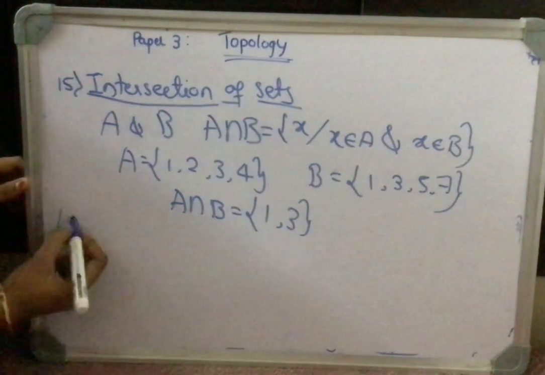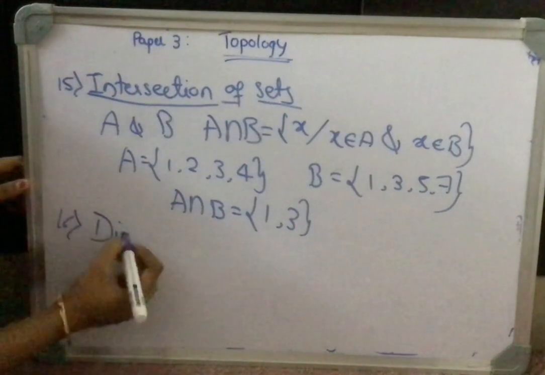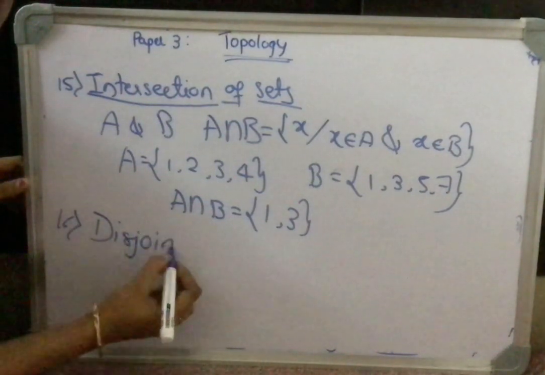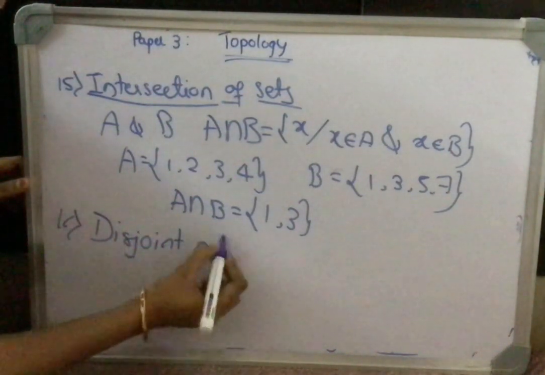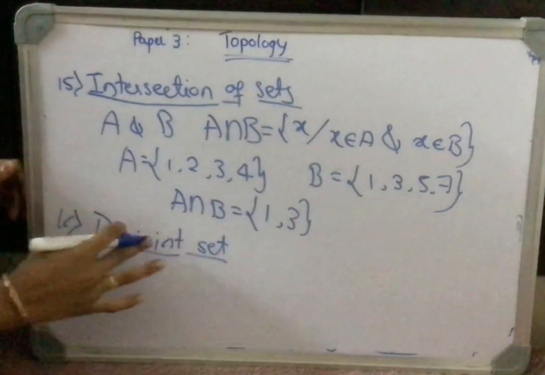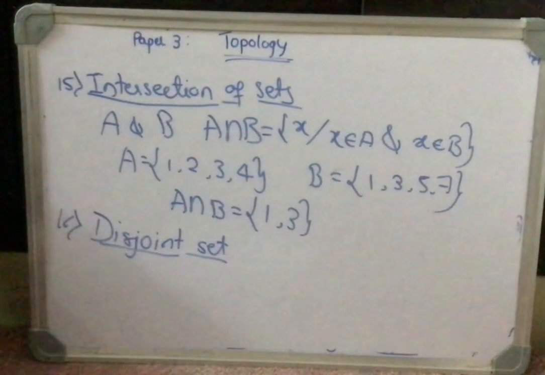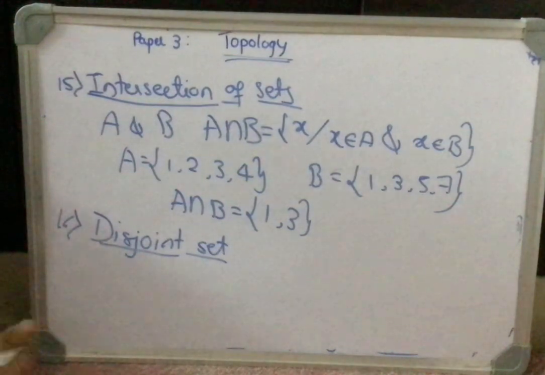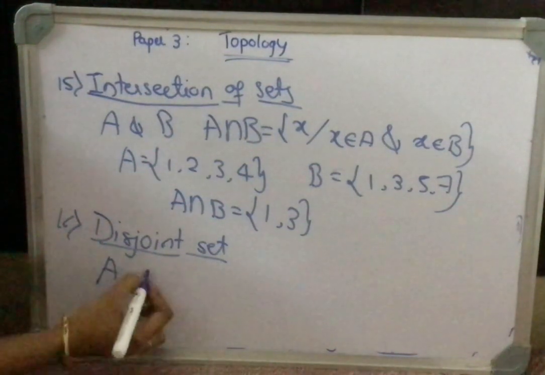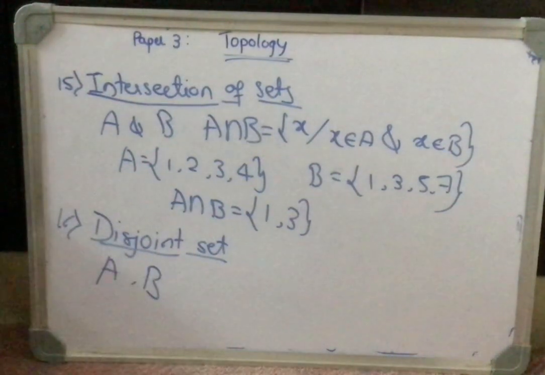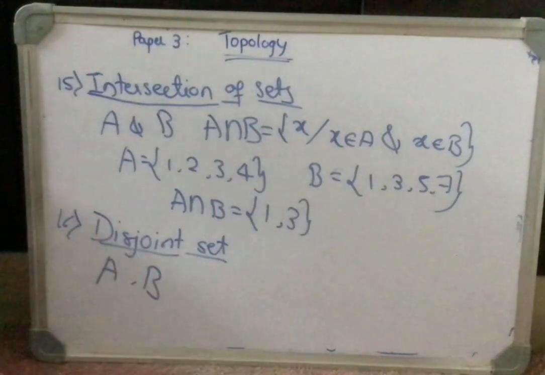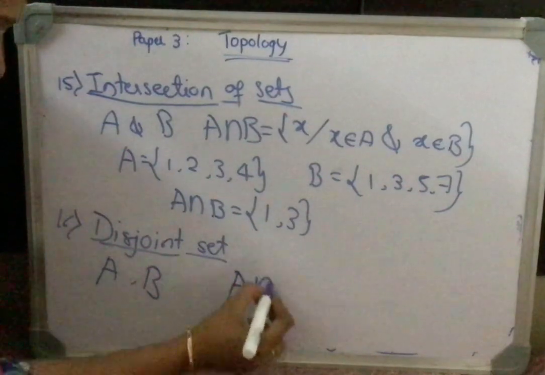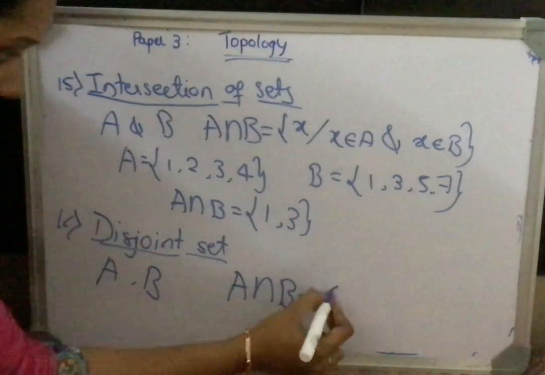Okay, next is disjoint. So the meaning of disjoint: joint means joined together, disjoint means two separate things. Okay, two sets A and B are said to be disjoint sets if there is no common element between these two sets. That is, A intersection B is a null set.